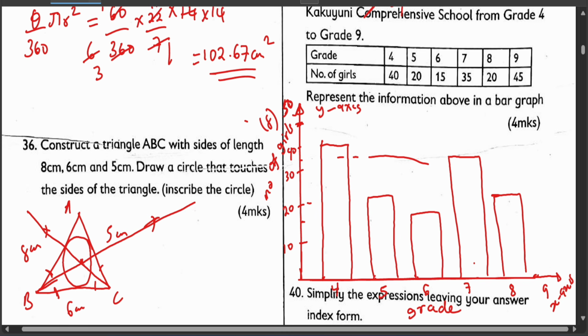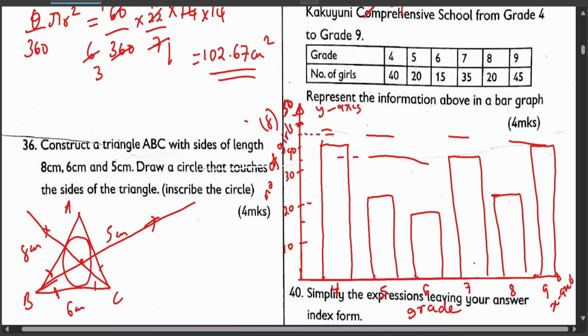Grade 9 reaches 45. So 45 is here, in between 40 and 45. So you will draw up to there. It shouldn't go past the x-axis.